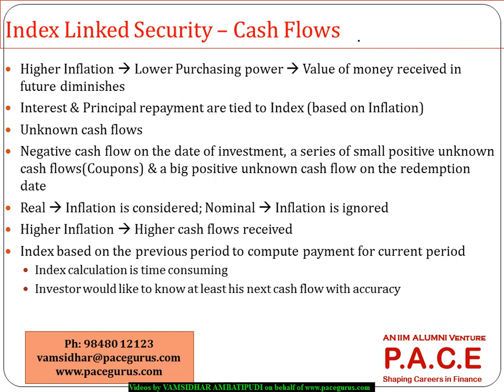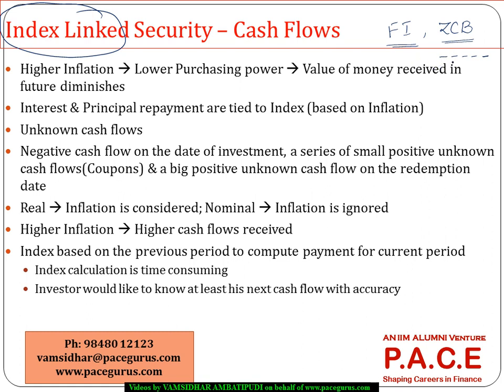Then we have another kind of security that is very commonly seen. They are called index linked securities. If we look at the earlier two, the normal fixed income securities, of which zero coupon bonds are a special case, there are fixed amounts, fixed cash flows, that are received at future periods and even on the maturity.